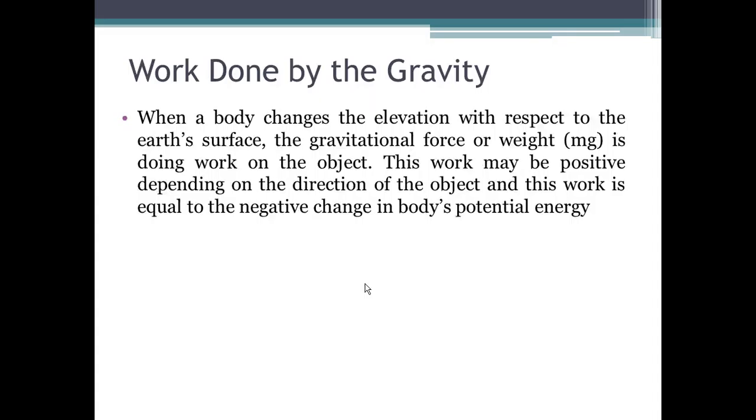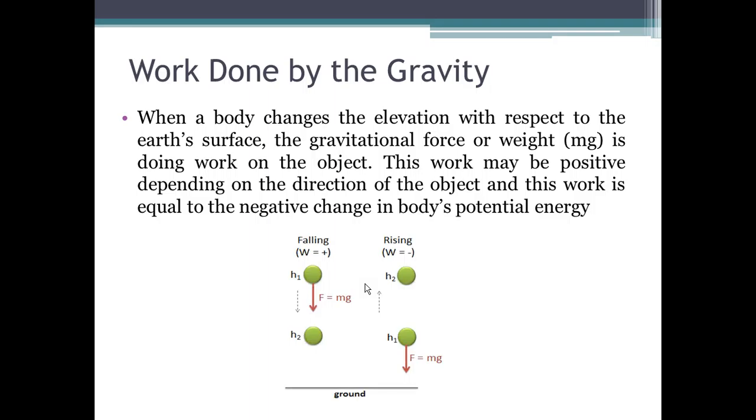Okay, so when a body changes its elevation with respect to the Earth's surface, the gravitational force or weight is doing work on the object. This work may be positive or negative depending on the direction of the object, and this work is equal to the negative change in the body's potential energy. So as illustrated here, when the object is falling, meaning the object started at a higher elevation, moving to a lower elevation, the potential energy actually decreases, simply because the height is being lowered.